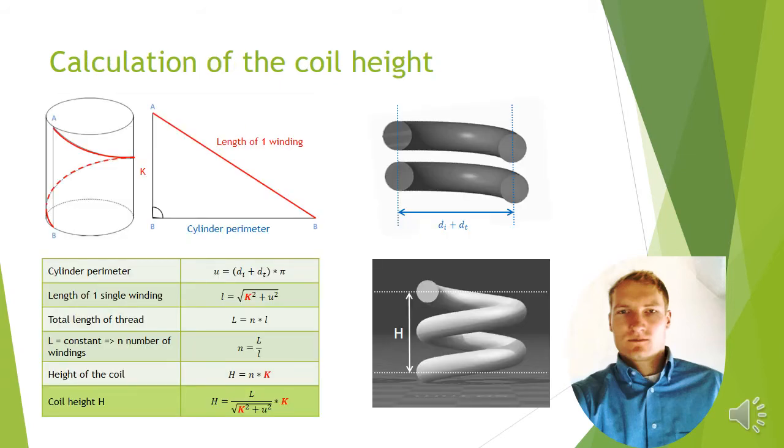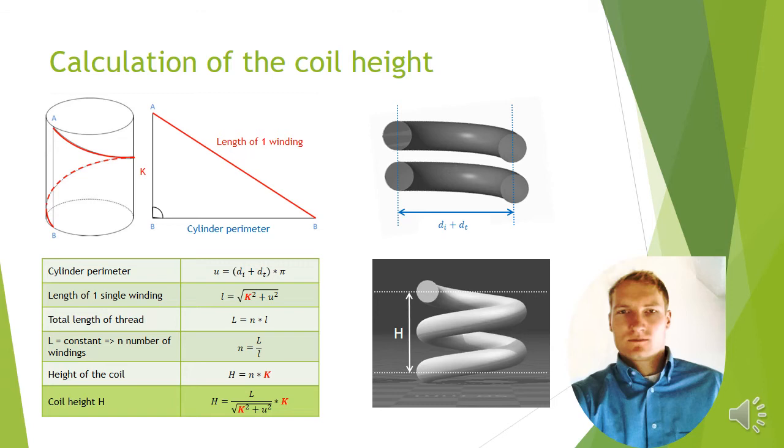In this section, I want to explain the mathematics behind the coil and how I calculated the height for each coil. If we imagine a single winding around a cylinder and we roll out the lateral surface of this cylinder on a plane, we can see that the length of this single winding equals the diagonal of a rectangle with one edge length k, which is the pitch, and one edge length u, which is the perimeter of the cylinder.